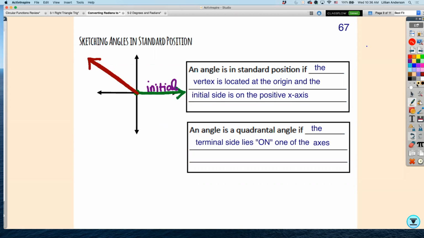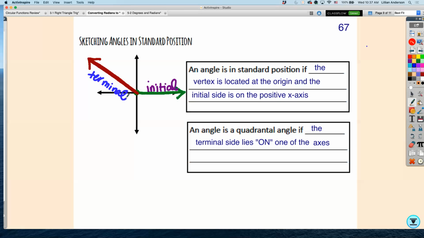So this is known as the terminal side. And it could be in any quadrant: the second quadrant, third quadrant, first quadrant, fourth quadrant. It could be anywhere. But this is the side that's going to basically determine the size of your angle, okay?